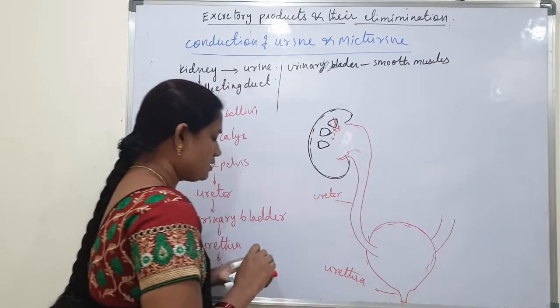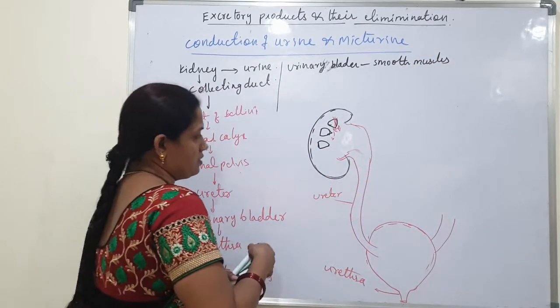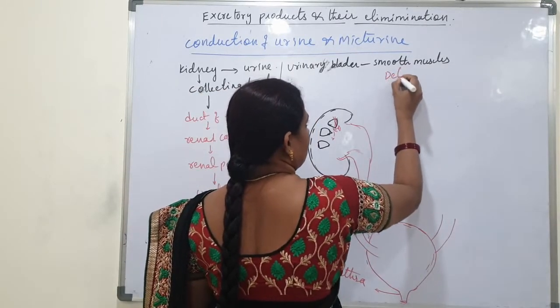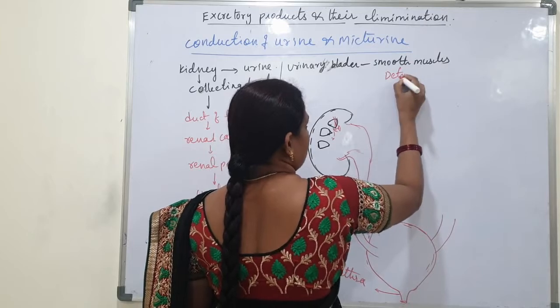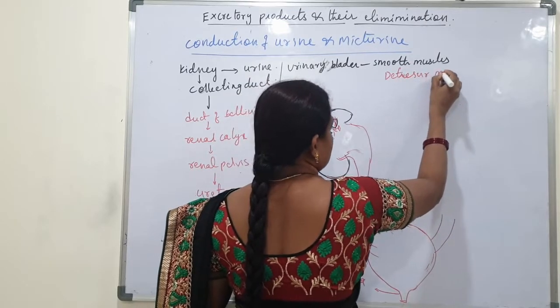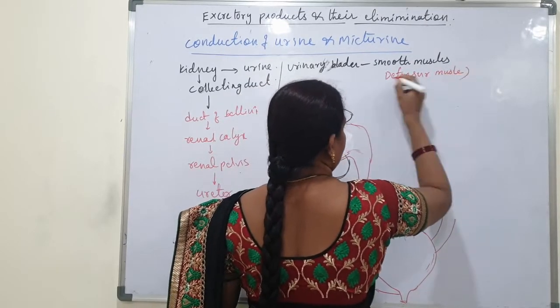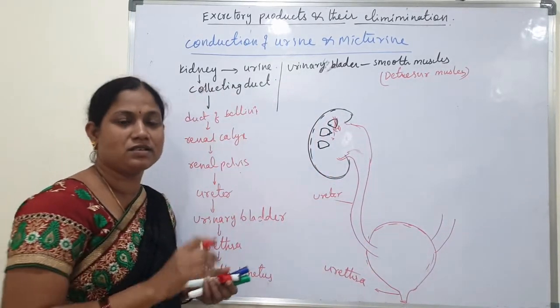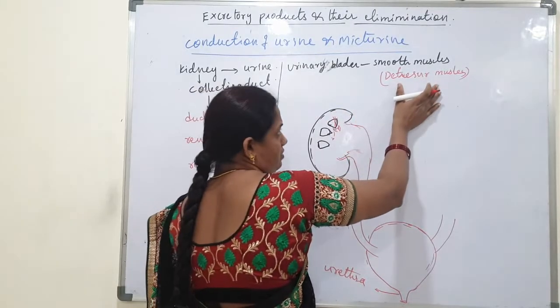These muscles are called detrusor muscles.